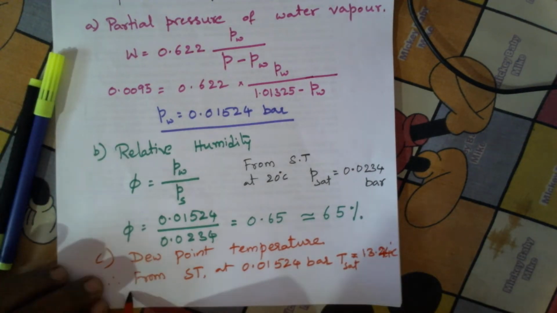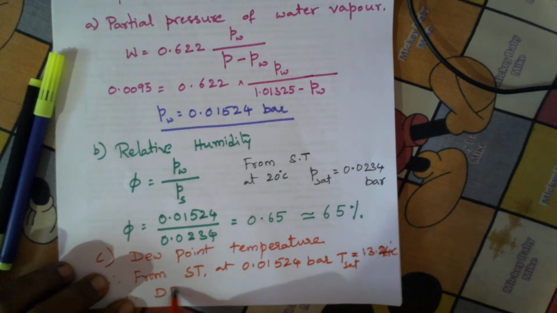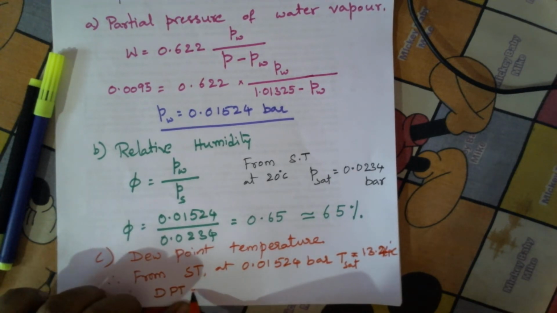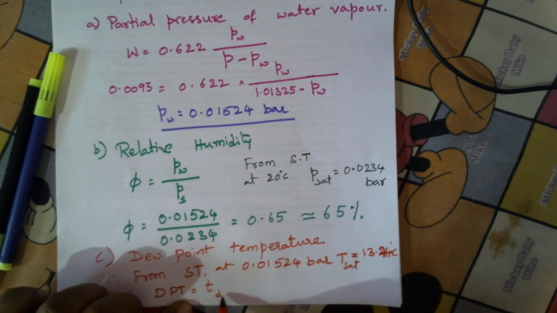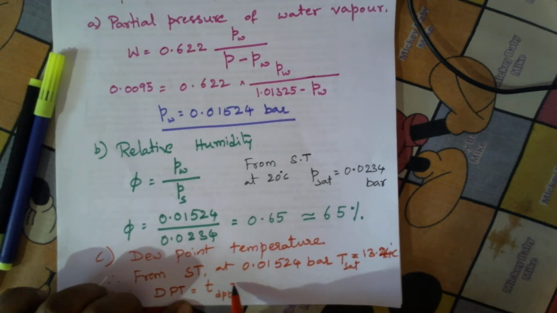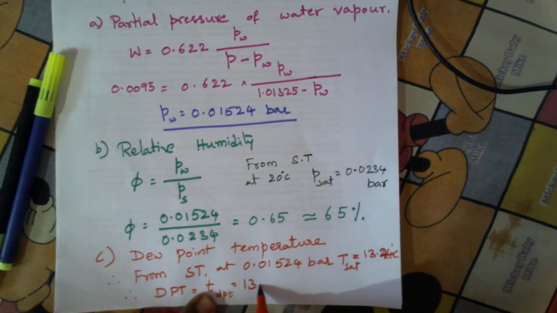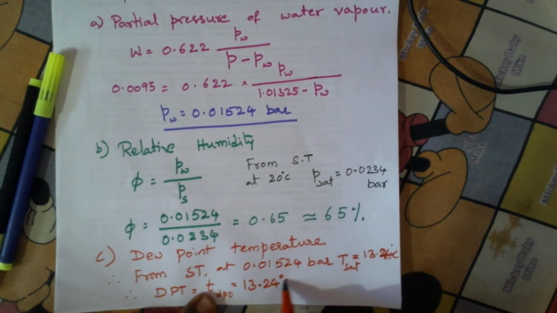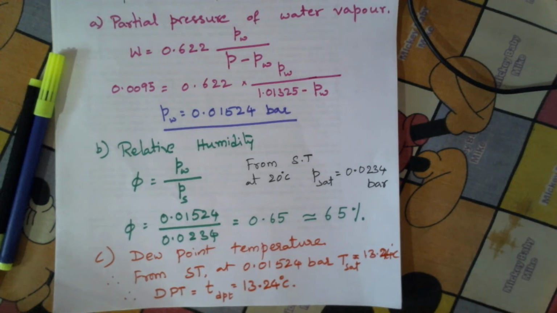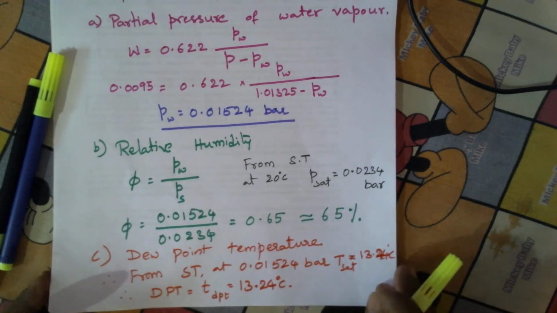Therefore, dew point temperature, or we call it DPT, or T_DPT, is equal to 13.24 degrees centigrade. So in this way you have to calculate dew point temperature. I hope this problem is clear.